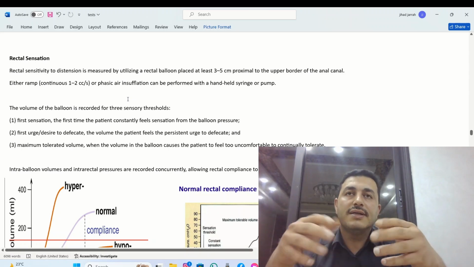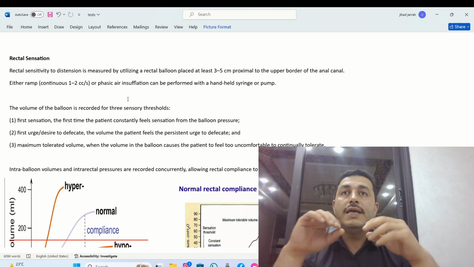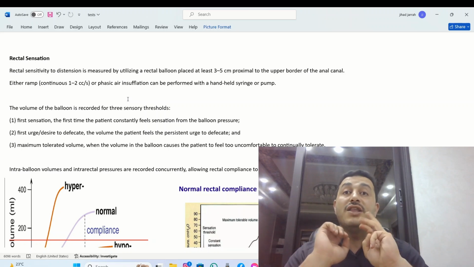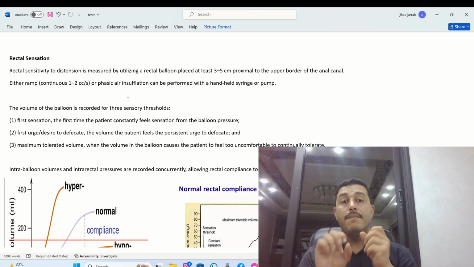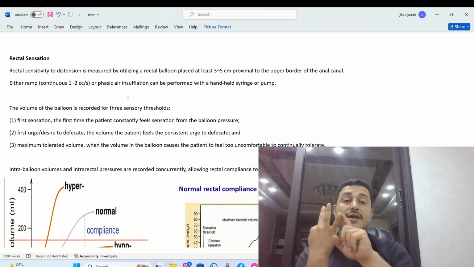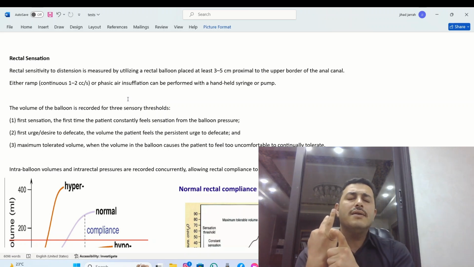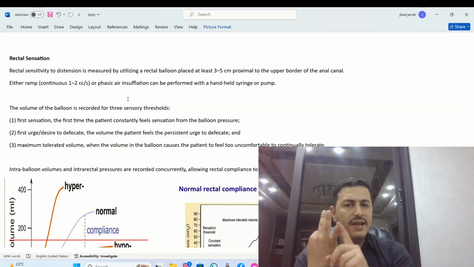So when we study the rectal sensation, we also have to record 3 sensation thresholds. We insufflate the balloon with air, and we ask the patient to tell us 3 sensations. The first, when he first feels that we are insufflating.